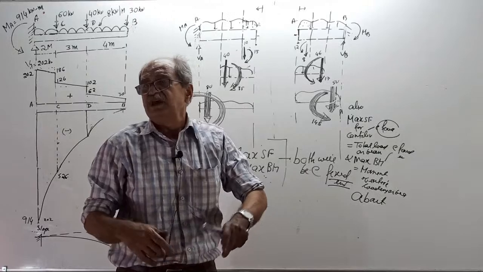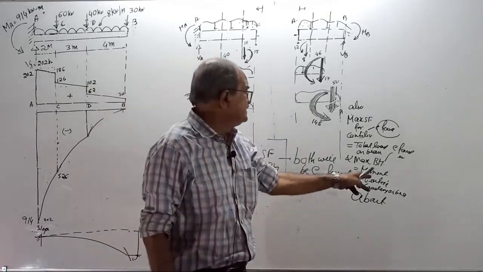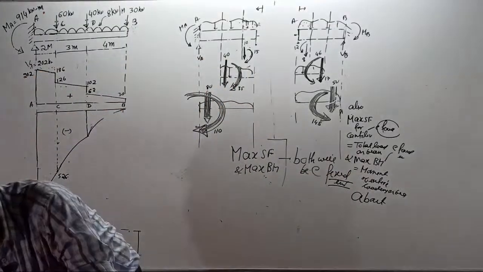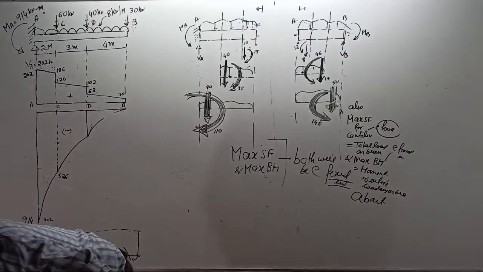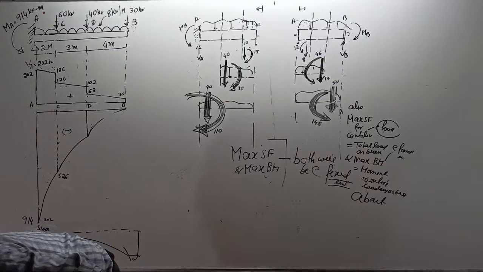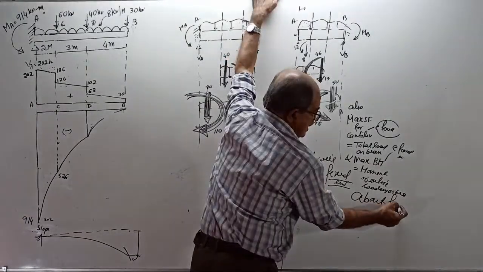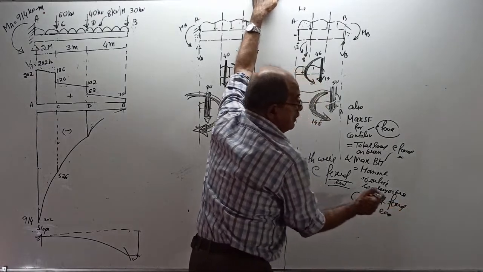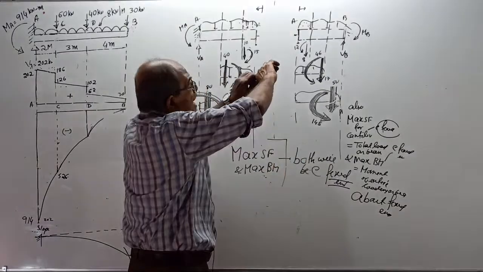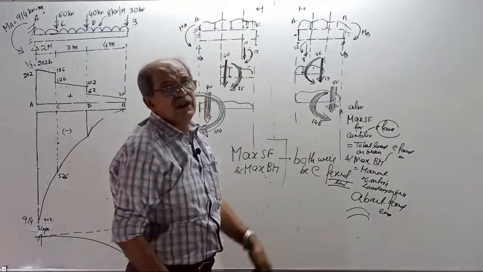Maximum shear force is total load on the beam, maximum bending moment at the fixed end is the moment of the entire loading about fixed end. But remember, with the nature you have to see, under normal case it will be hogging. Shear force sign not required.